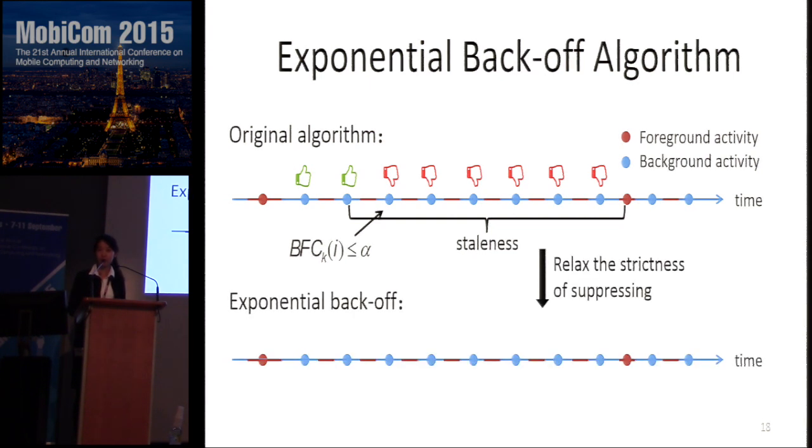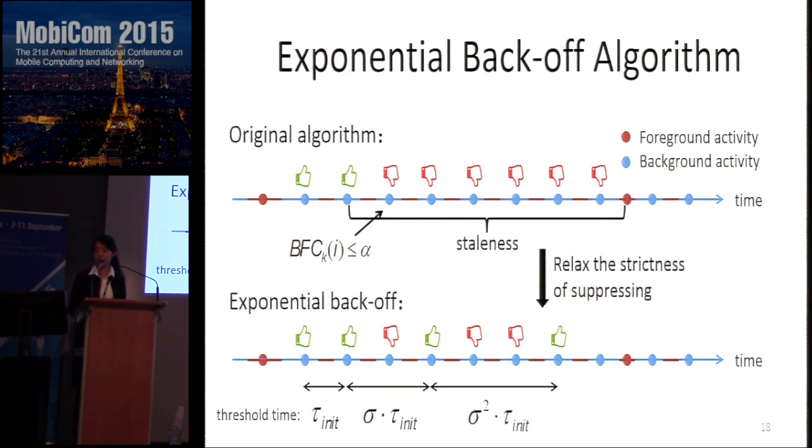To refine this algorithm, we relax the strictness of suppression using an exponential backoff. Here, we maintain a threshold time tau. The algorithm will allow some of the background activities to happen after tau minutes since the last allowed background activity. Whenever a background activity is allowed, tau will be multiplied by a factor sigma, and so on.